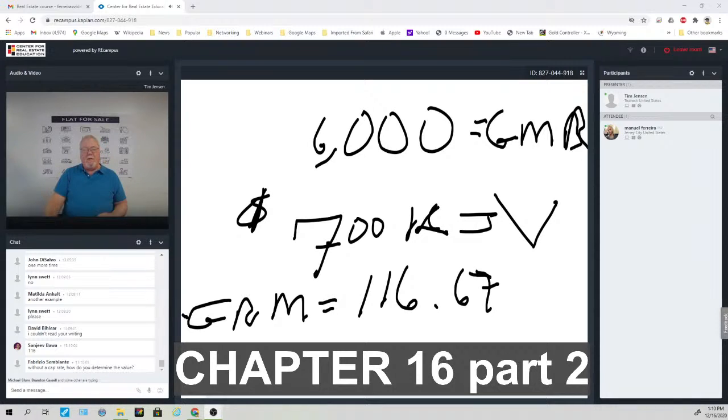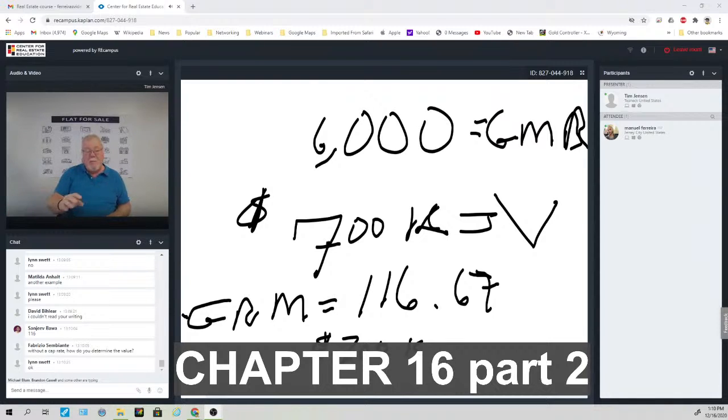We're not going to carry it out to the 10th decimal point. Therefore, if I took the gross monthly rent of $6,000 times the gross rent multiplier of 116.67, I get a value of $700,020. That's close enough for me. So using gross monthly rent and a gross rent multiplier will help determine the value.